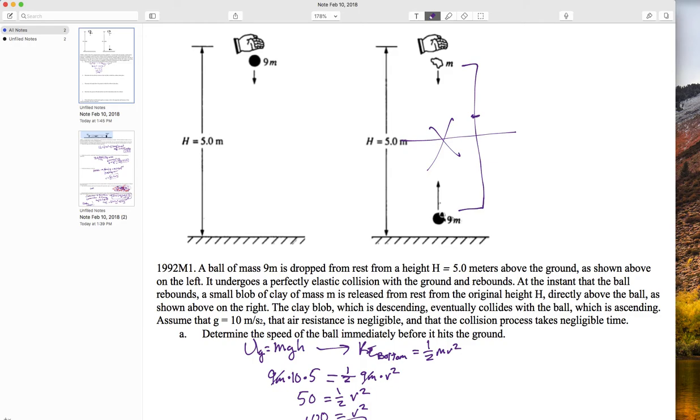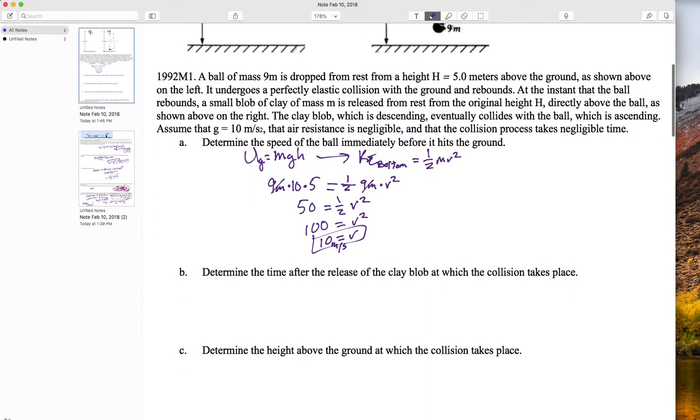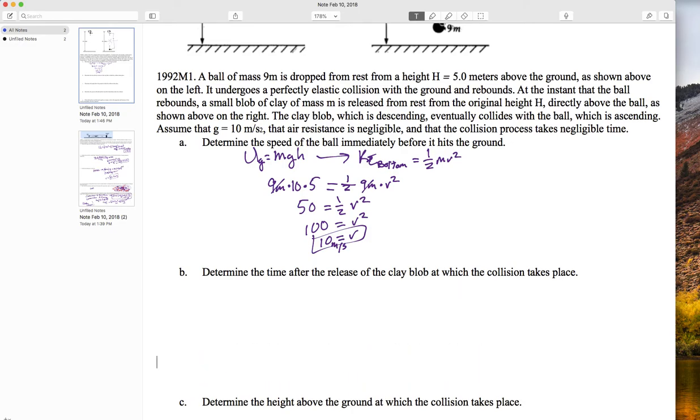Now, will we meet in the middle time-wise? Will we meet in the middle height-wise? This is an interesting idea. Let's go a little further. So let's look at the time after release of the clay blob at which the collision will take place.